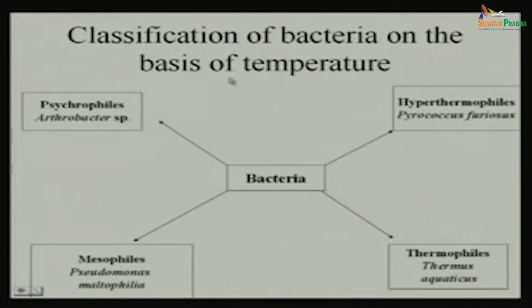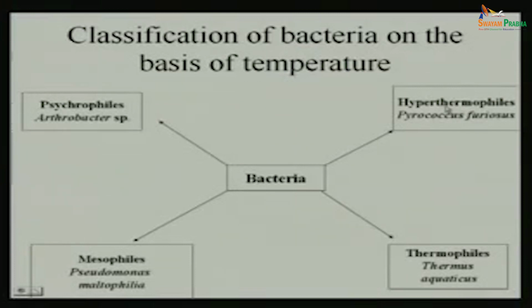When we are classifying bacteria based on temperature, we can divide them into psychrophilic, that means cold loving, mesophilic, normal moderate temperature loving bacteria, and thermophilic, that means they need higher temperature, more than 50 to 70 degrees centigrade. Hyperthermophiles are the group of bacteria that can withstand very high temperature, normally 70 to 90 degrees or so.